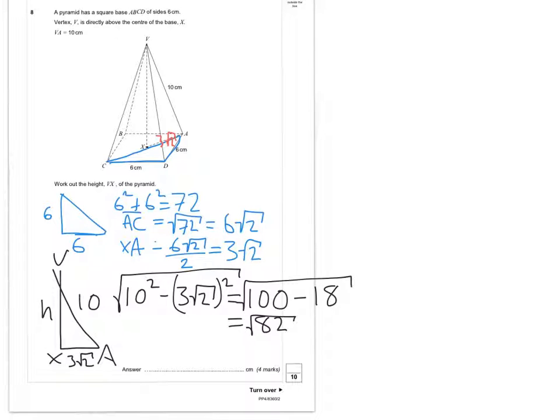So the square root of 82, which from my calculator is 9.05, 9.1 centimetres. It doesn't say anywhere what significant figures to give, so I'll give it to 2 SF because that's the nearest millimetre in this case.